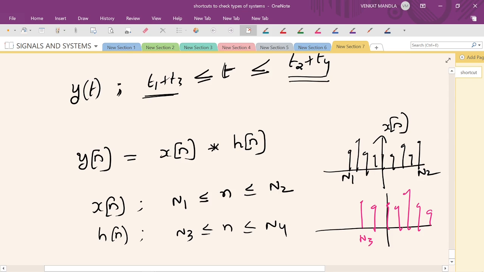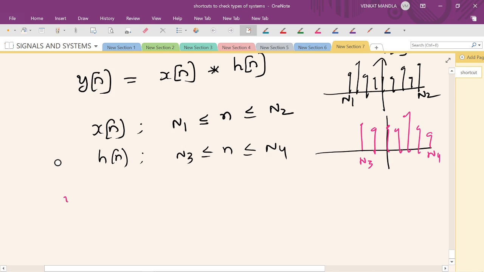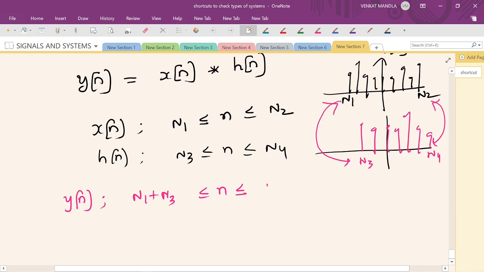Then y of n, the convolution of x of n and h of n, exists from n1 plus n3 to n2 plus n4. Add the lower limits, n1 plus n3, to the upper limits, n2 plus n4.